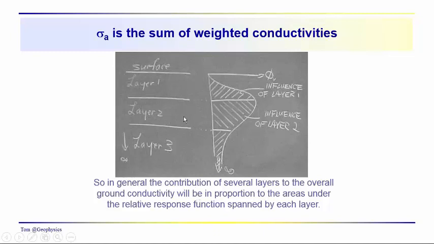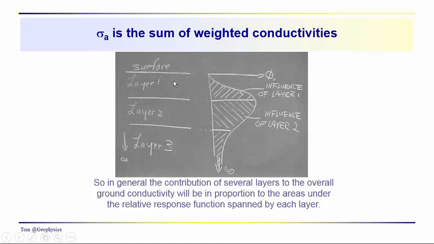And as we mentioned last time, when dealing with the three-layer problem, we have apparent conductivities measured at the surface. The conductivities of each of these three layers are going to contribute to the apparent conductivity in proportion to the area under the relative response function. A little redundancy here, but just to illustrate the idea.